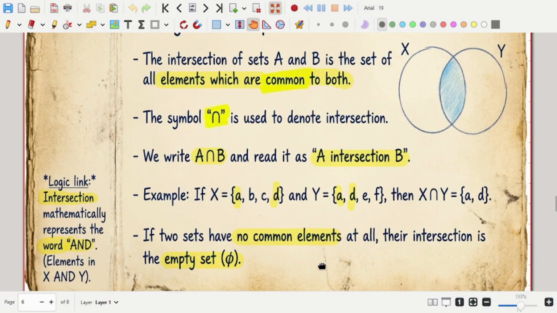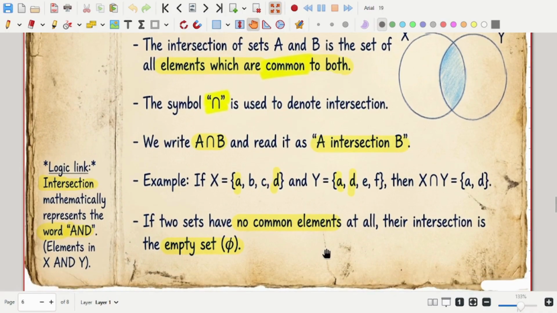If there is no common element between the two sets, then it is the empty set and it is denoted with this symbol phi. Note that the word AND represents intersection and read it as element in X and Y.